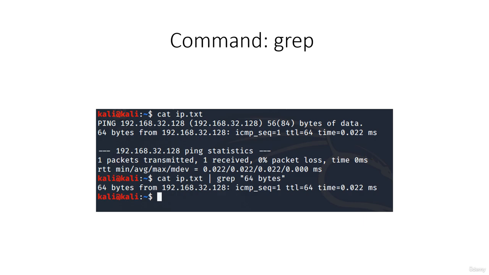Then we will be using a command called grep, which is going to grab any line containing the specific word that you specify in this command. In this picture you can see with grep that the terminal only shows the lines that contain 64 bytes. This proves that we have achieved a response to the ping.